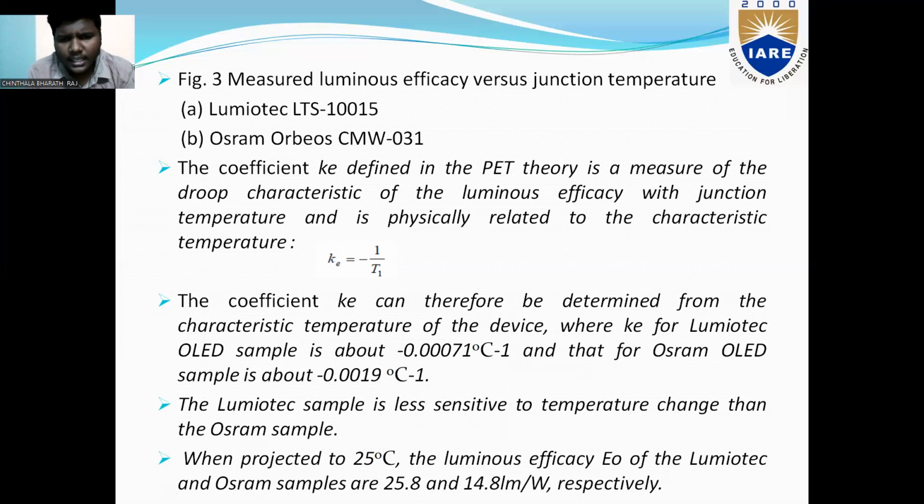The coefficient Ke can therefore be determined from the characteristic temperature of the device, where Ke for the Lumileds OLED sample is about minus 0.0071 per degree Celsius and that for the Osram OLED sample is about minus 0.001 per degree Celsius. When projected to 25 degrees Celsius, the luminance efficiency E0 of the Lumileds and Osram samples are 25.8 and 14.8 respectively.